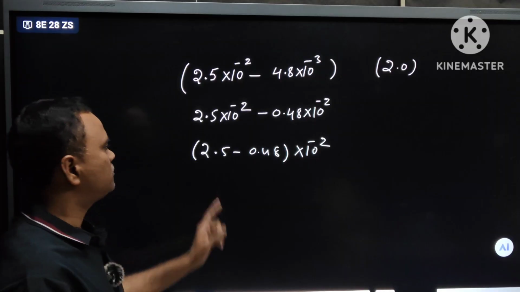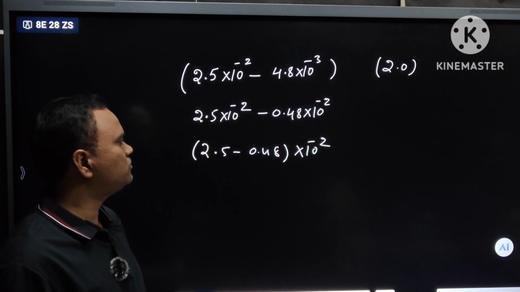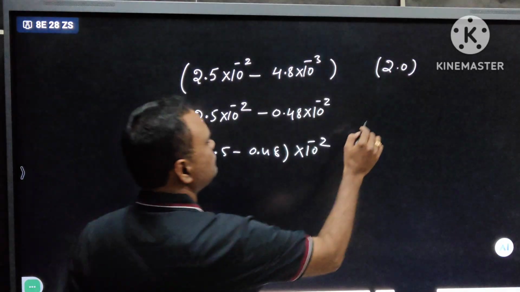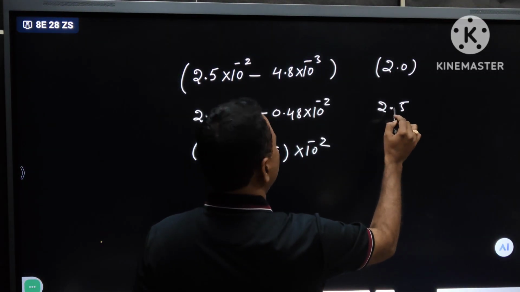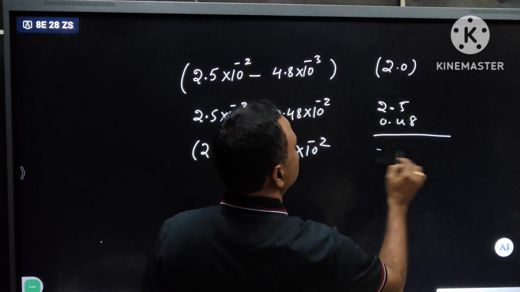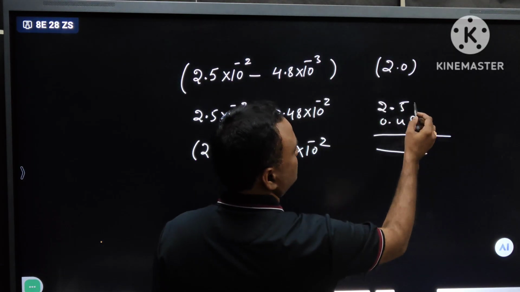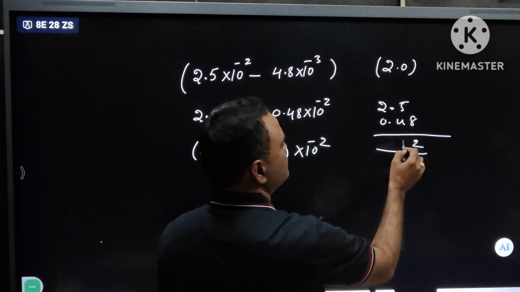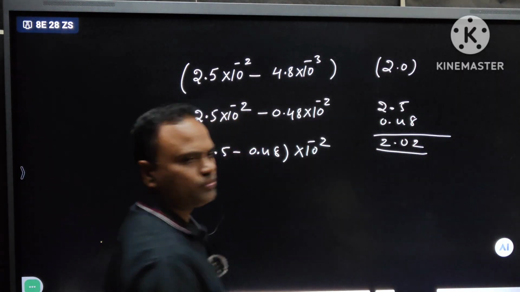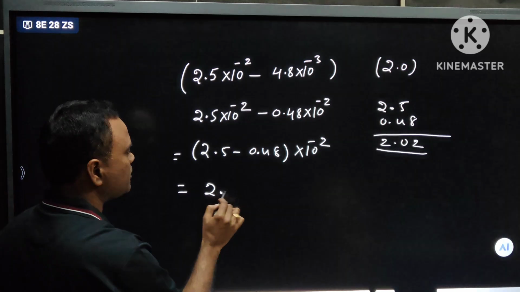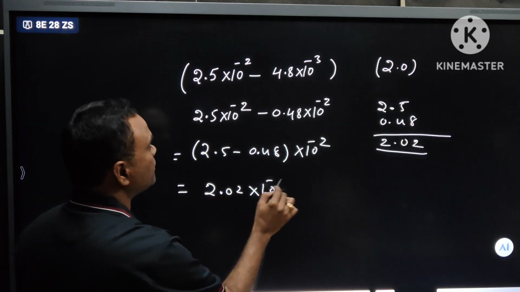Okay, what is this value? 2.5 minus 4.8. 2.5 minus 0.48 is 2.02. 2.02 into 10 power minus 2.